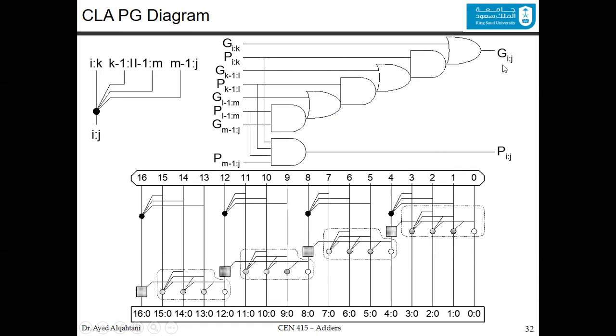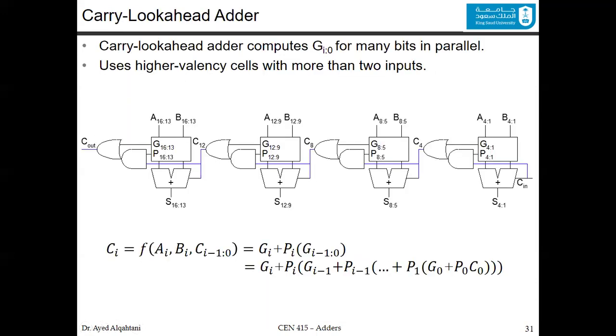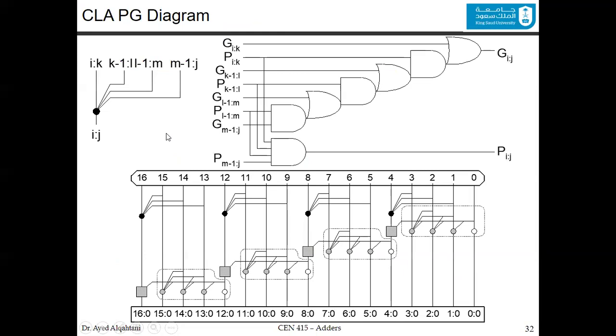You can have the generation and also the propagation. The propagation will simply be an AND circuit. It is 4 inputs since we have the grouping for every 4 bits in this example. So we have 4 bits here, 4 bits here, 4 bits here, and 4 bits here. This is why we have the AND of 4 bits. And it's the same reason that we have AND OR repeated 3 times.